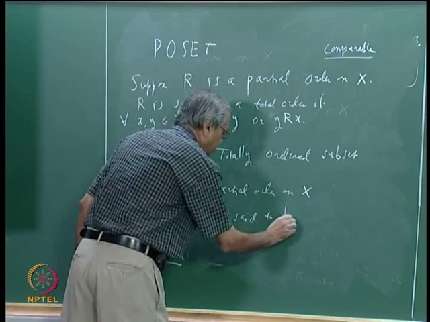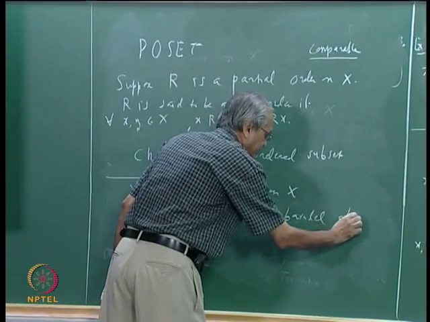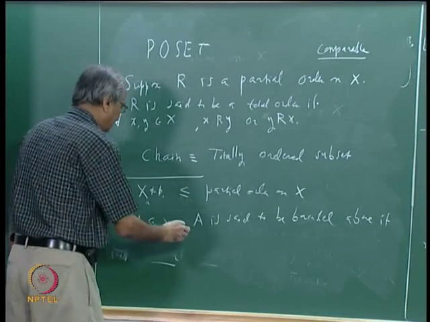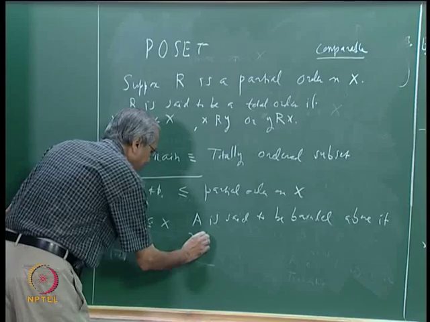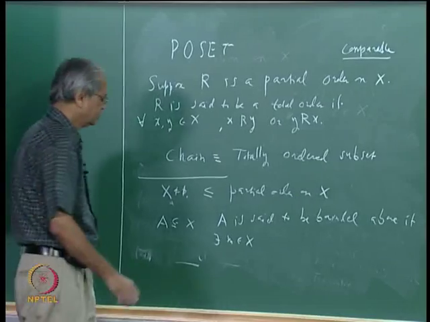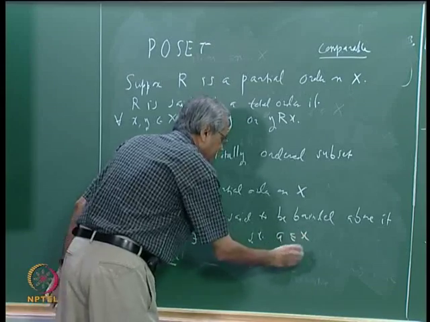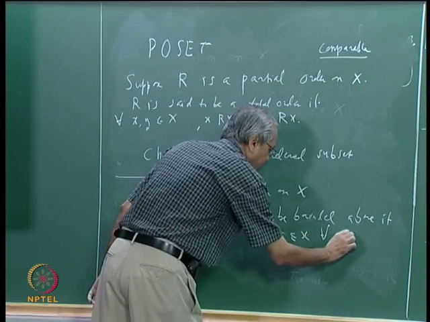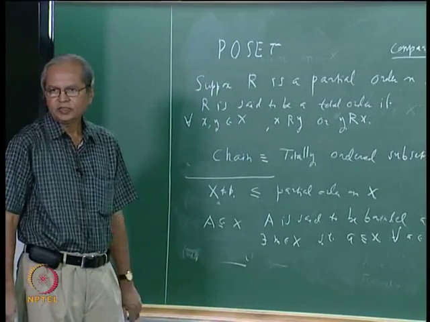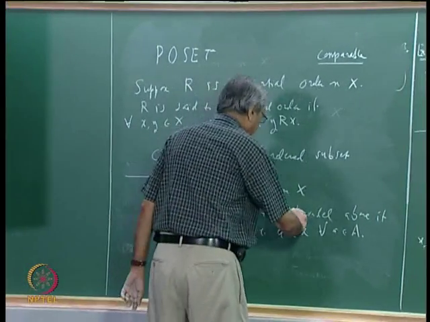A is said to be bounded above if there exists some element m in X such that a is less than or equal to m for every a in A. This is a term that we are defining.